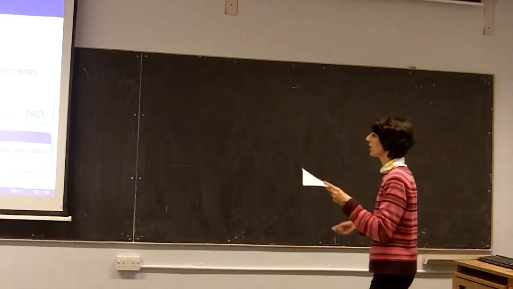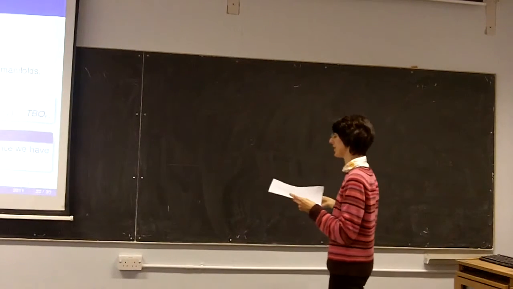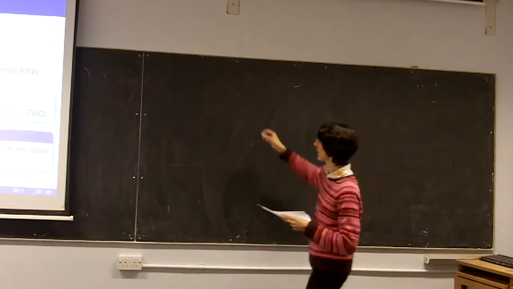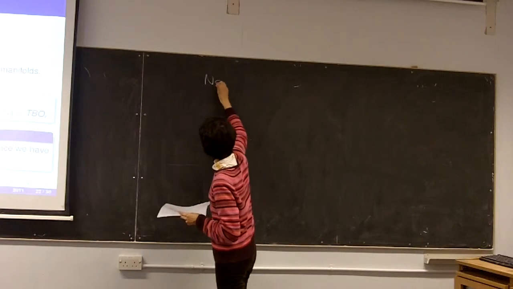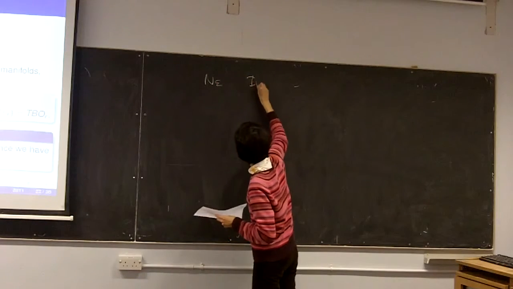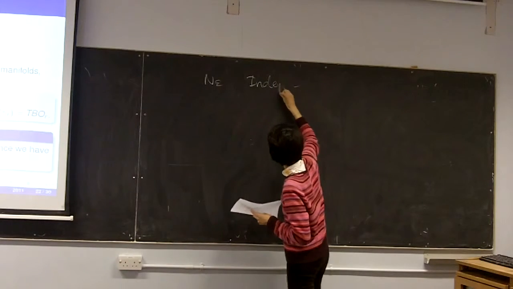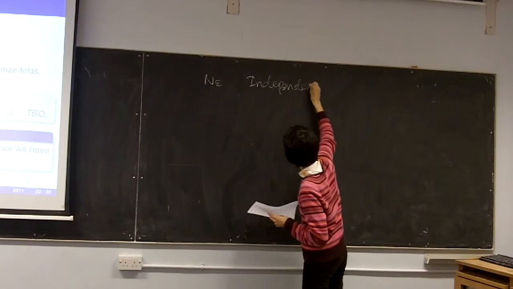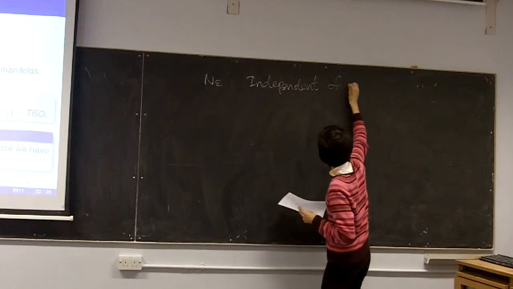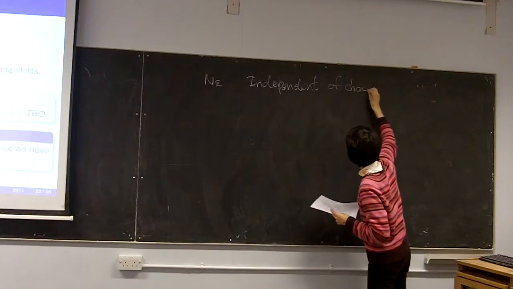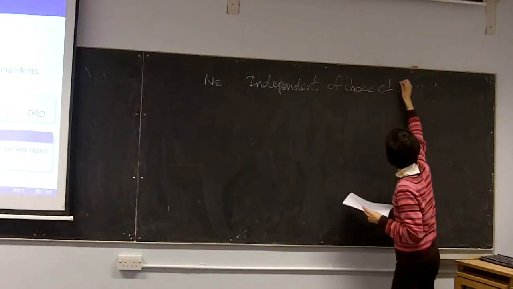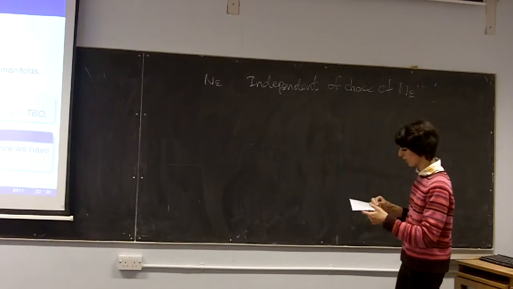So first of all, I chose a tubular neighborhood that I wrote down as epsilon. Well, now I'm going to say that it is independent of the choice. Why?